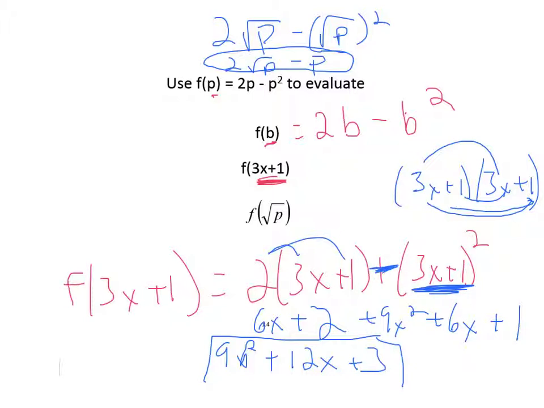So that's minus, that's minus, that's minus. So that's going to be minus 9x squared, and the 6x's cancel off. And so 9x plus 1. Well, the plus 6x plus 1 is still positive, right? Yeah.